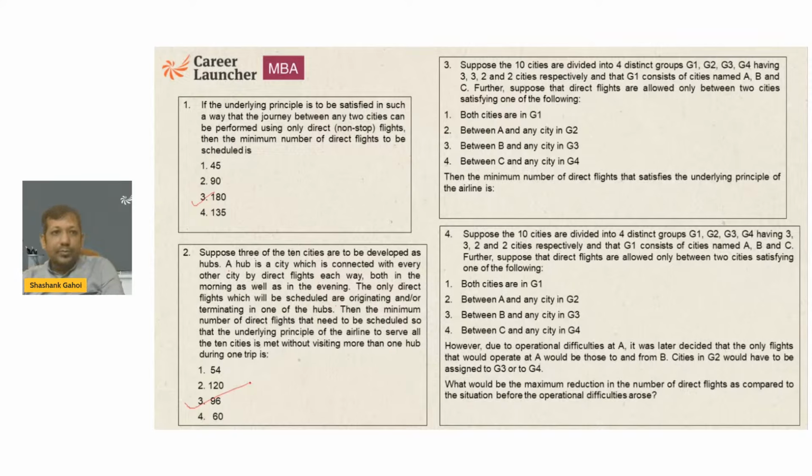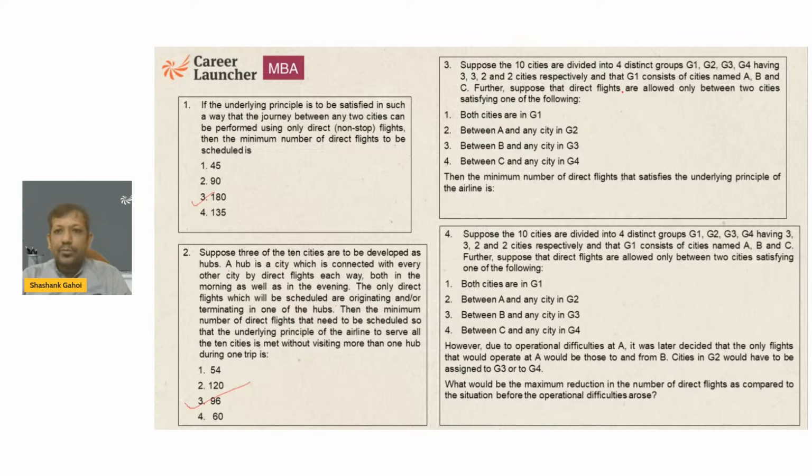Now, the next one. Suppose that 10 cities are divided into 4 distinct groups, G1, G2, G3, and G4, having 3, 3, 2, 2 cities, respectively. G1 contains ABC. So what I'm going to do, I'm going to try to write over here only.